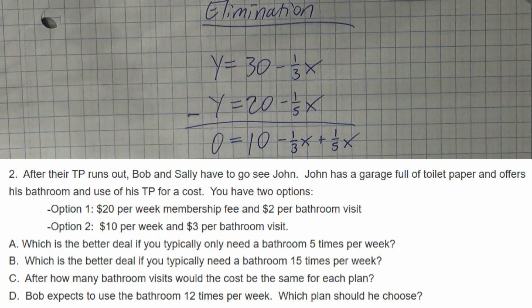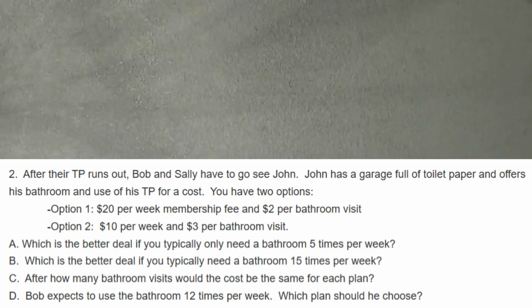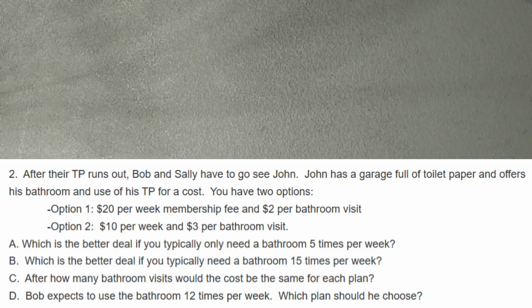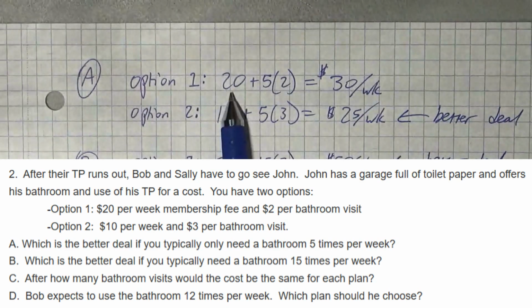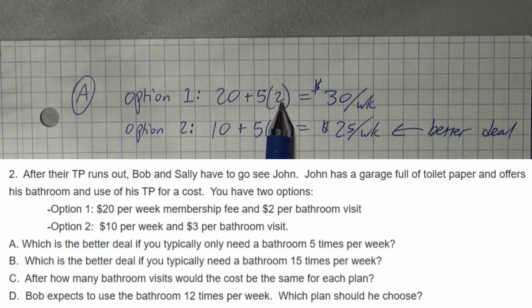Okay, the second problem has to do with John, who is charging a certain amount for the use of his toilet facilities. You have two options. Option one, you can spend $20 per week and $2 for every bathroom visit. So question A asks, what if you have to go to the bathroom 5 times a week?